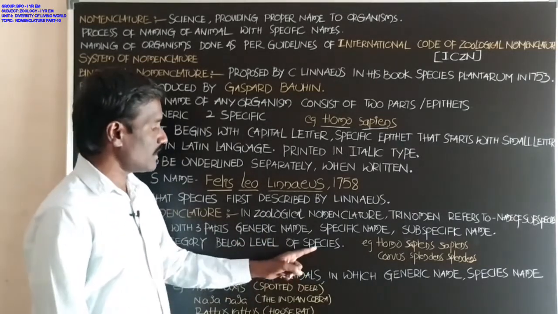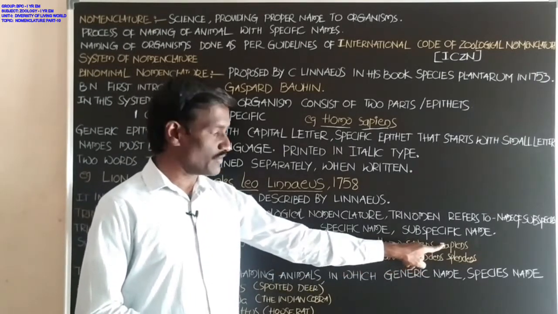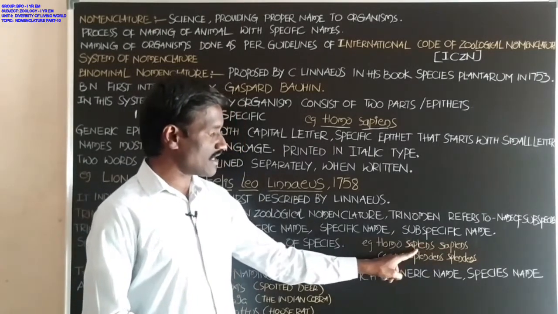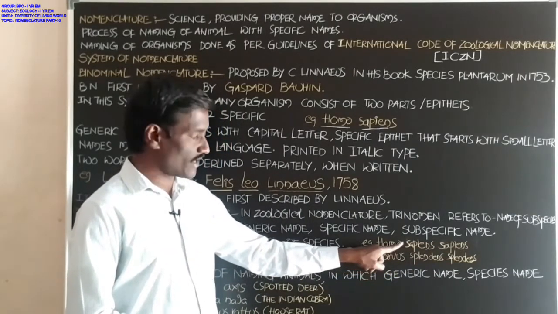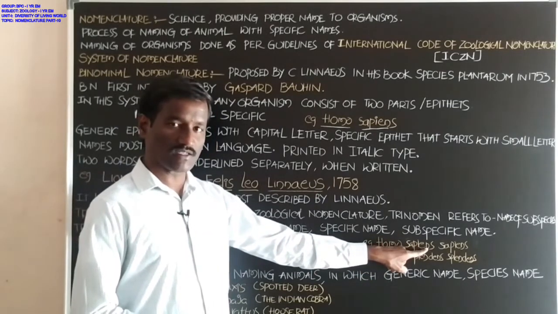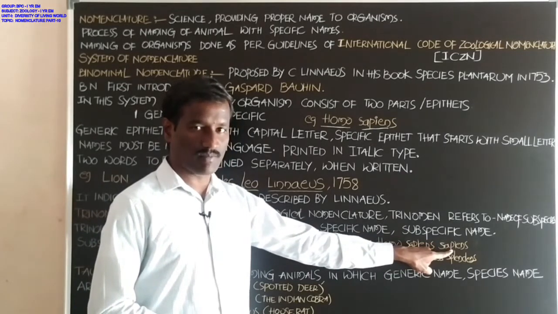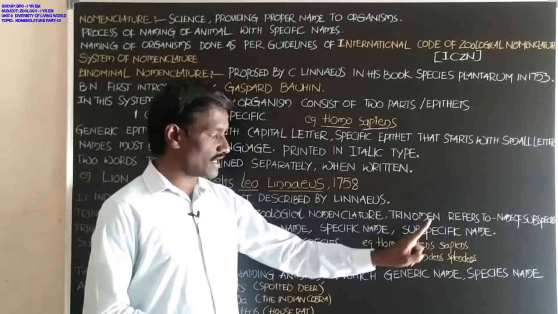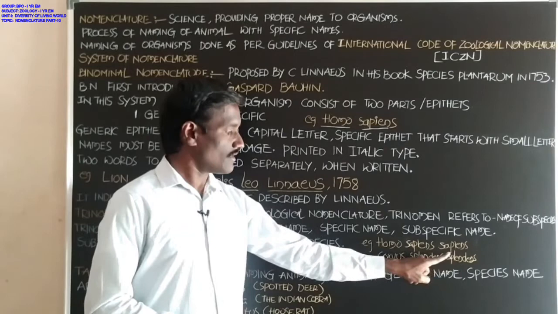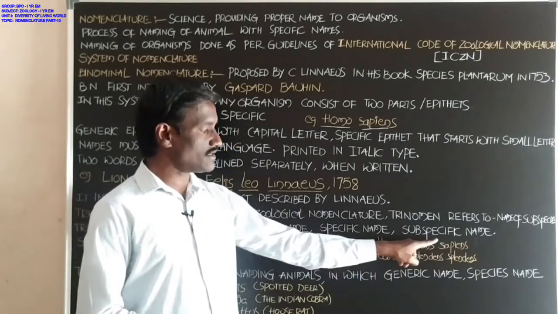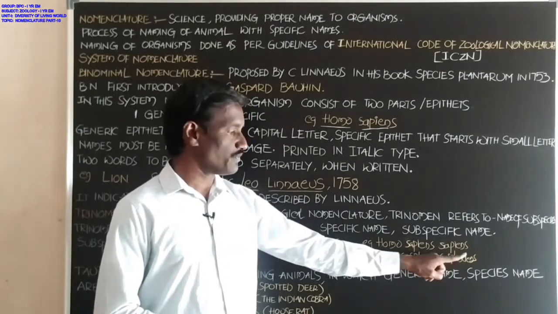If you observe the scientific name of man, Homo sapiens sapiens: Homo is the generic name, sapiens is the specific name, and the other sapiens is the subspecific name. Corvus splendens splendens, the scientific name of the crow, is like Homo sapiens sapiens.